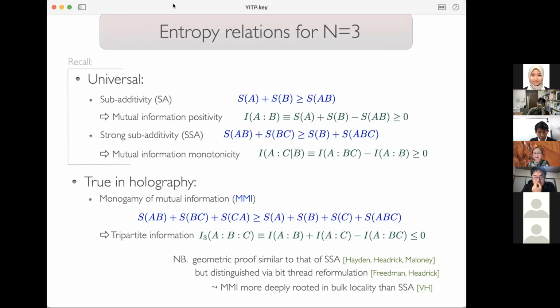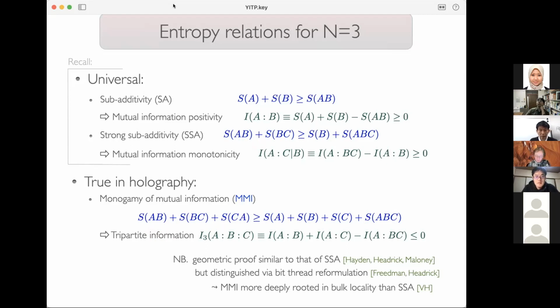But it's actually quite nice to see that if you use this bit thread formulation that Matt was describing, you can prove both of these in the bit thread language, but the proofs are very different.